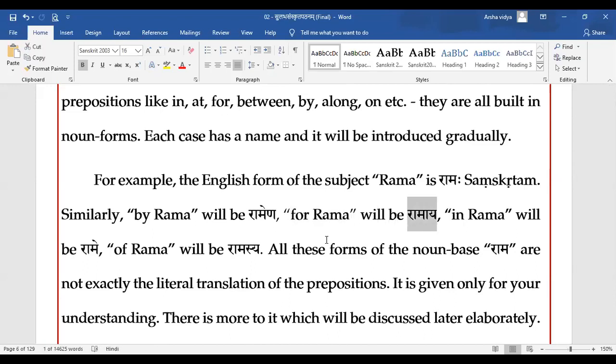Rama is the common Shabda from which we derive all these Namapadams. Ramaha, Ramena, then in Rama will be Rame. Of Rama, Ramasya. So I have given some here. From a common noun base, all these noun forms are derived.